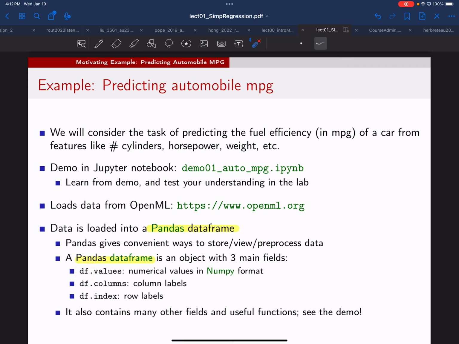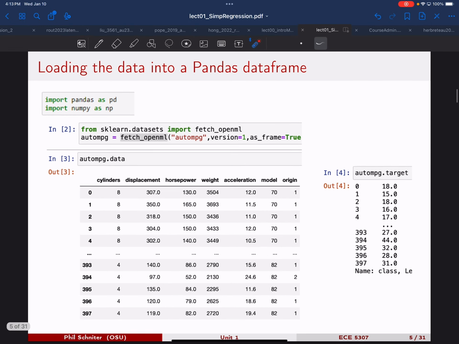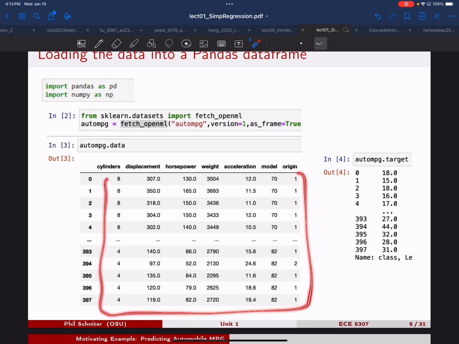So in this case, the 3 main fields, once you load your data into this data frame called df, are the values and the numerical values of the data. There's going to be column labels and row labels. I'll show you in just a moment. And there's also many other functions and so on. So here is what the Pandas data frame looks like for our data set. And so first of all, you can see there's an array of numbers.